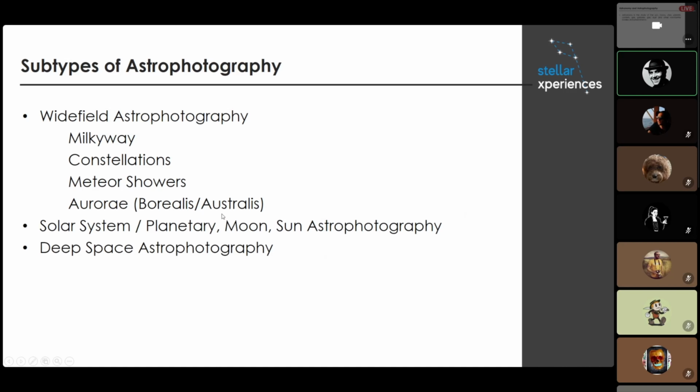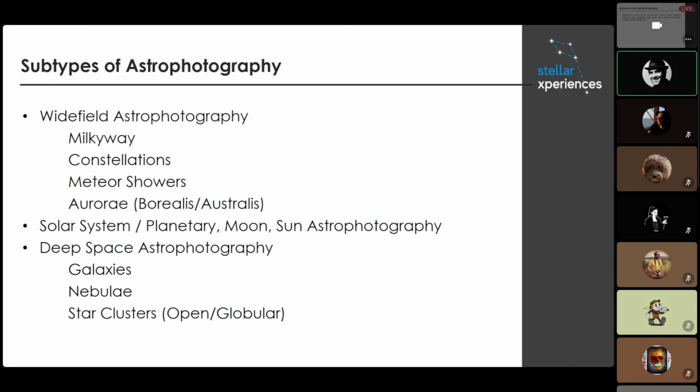And of course, the last one, I would say, is deep space astrophotography, where you take photos of galaxies, nebulae, and star clusters, which can be open star clusters or globular star clusters.